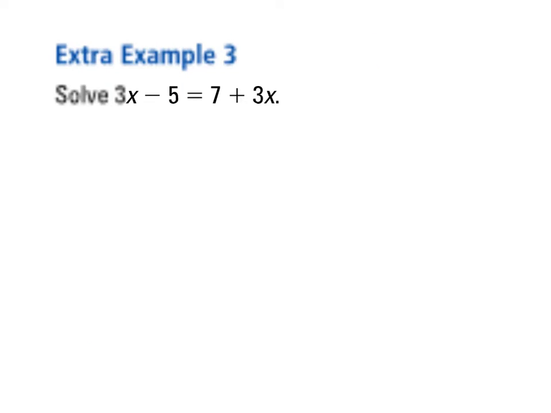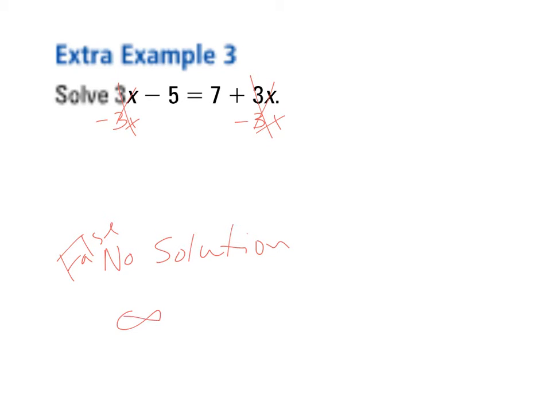Alright, extra example 3. This time we're going to minus 3x from both sides. Minus 3x, minus 3x. And so I know it's not going to be one solution. It's going to be no solution if it's false, or it's going to be infinite solutions if it's true.